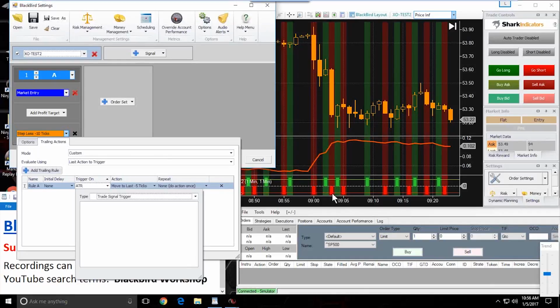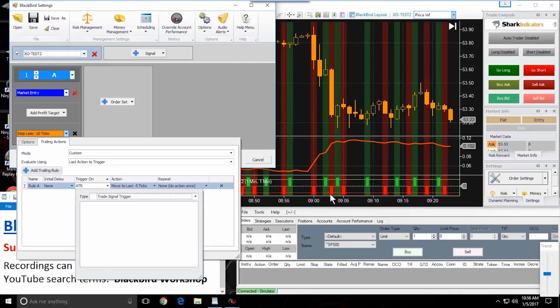That next trade signal could be used as a trigger event as well. Let's just say the short signal at 9 a.m. actually executes the trade. That gets you into the trade.